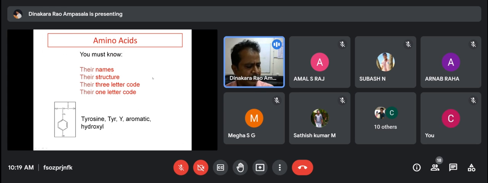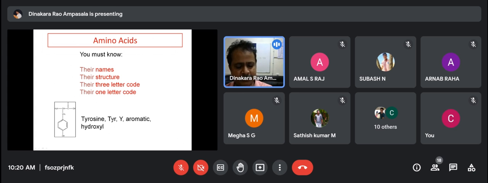These amino acids can be called by their names, like alanine, or by their structure, or their 3-letter code or 1-letter code. For example, tyrosine is its chemical name, and you can see its structure here. If you are very familiar with amino acid structures, it is easy to tell this is tyrosine.